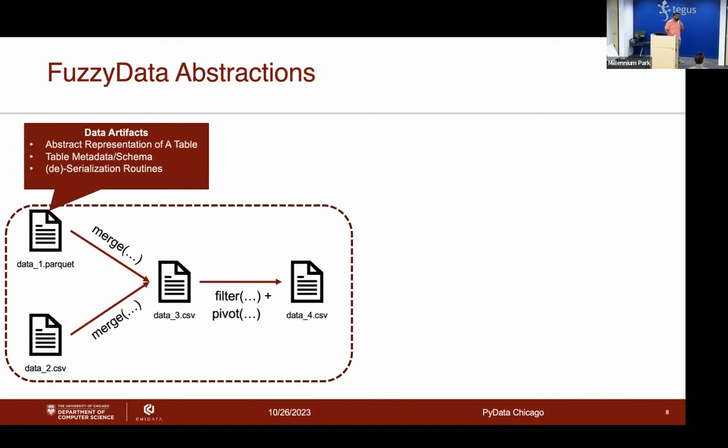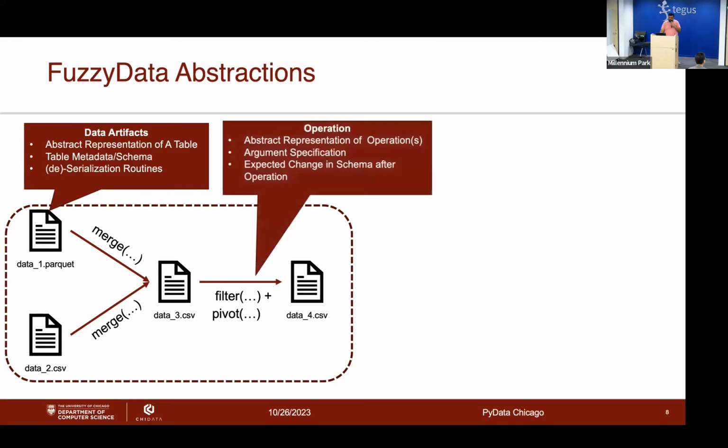And then we have abstractions for each of these artifacts. The fuzzydata artifacts are just an abstract representation of a table. It contains the metadata or the schema of the table, as well as serialization and deserialization routines. We also have abstract representations of these common operations that people like to do. So they're both relational operations as well as operations that you might do in pandas.